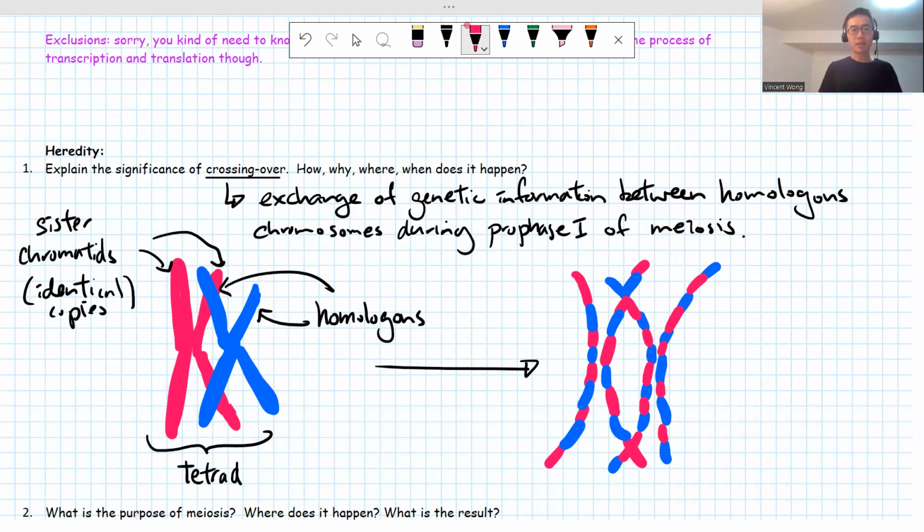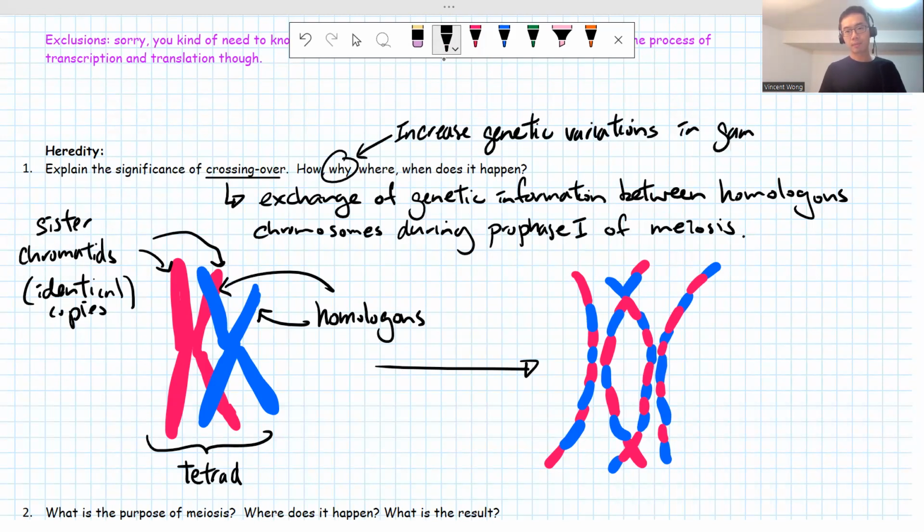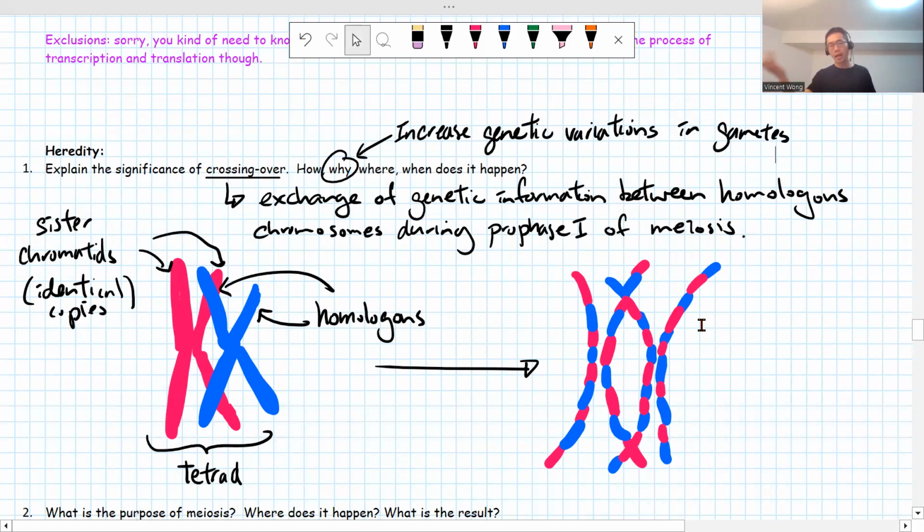So why are we doing this? This is to increase genetic variation in gametes. And where is it happening? It's happening in the germ cells, because only germ cells can do meiosis.